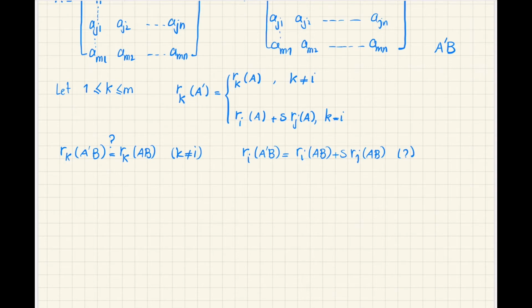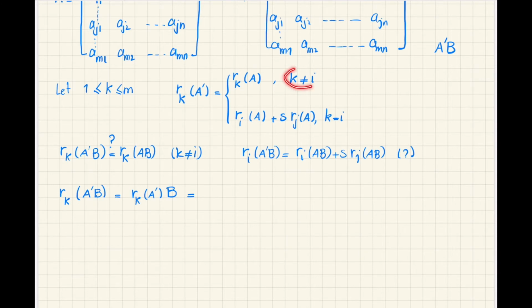So if you remember in the lecture, I told you how to find the kth row of a product. Here I should take the kth row of the matrix sitting on the left and multiply it by the whole matrix B. But now I am solving this problem under the condition that k is not equal to i.